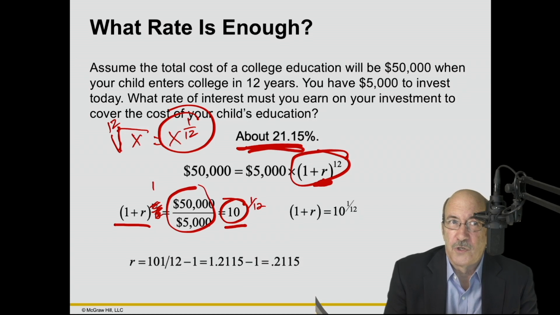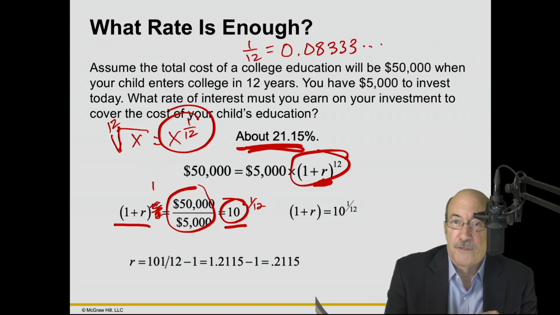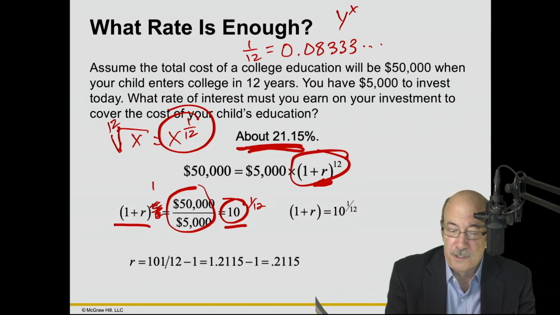The easiest way to deal with this in the calculator is to figure out what 1 over 12 is, and that turns out to be 0.08333333. And then we can use the y to the x function in the calculator. So we'd plug in 10, hit the y to the x button, and then type in 0.08333.